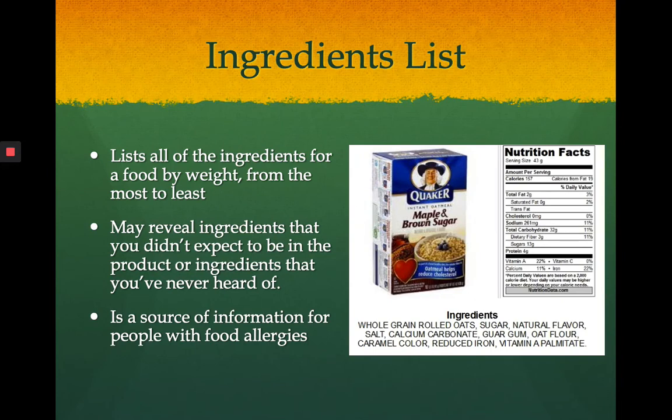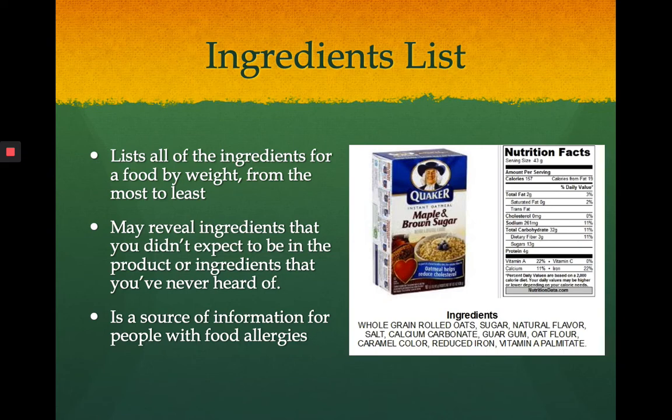The next part of the nutritional information that we can find on a box or a bag is the ingredients list. And again, this is regulated. It lists all of the ingredients for a food by weight from most to least. So whatever is at the beginning of the list, that's what we get the most of by weight. It might reveal ingredients that you didn't expect to be in that product or ingredients you've never heard of.